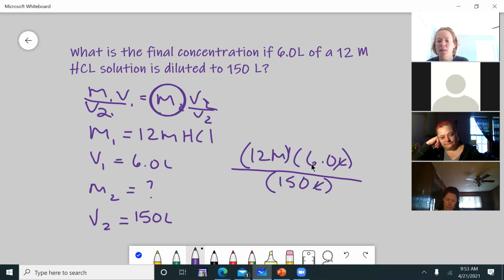So the factor that your volume goes down or up by is the same factor that your concentration will go down by. They're proportional to each other. So we get our 12 times our 6 divided by our 150, and we get a new concentration of 0.48 molarity.